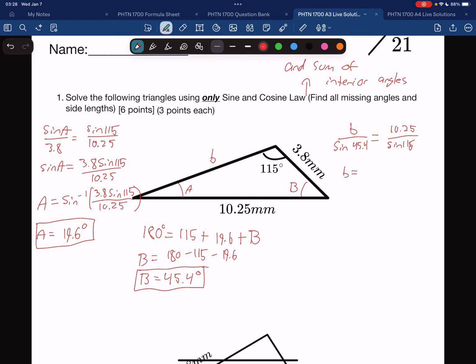Multiply everything by the sine of 45.4, and we get 10.25 times the sine of 45.4, all over the sine of 115. And this is equal to something that I will punch into my calculator.